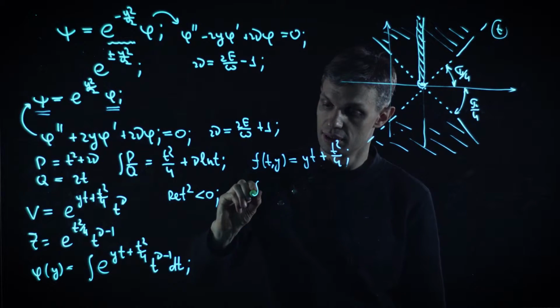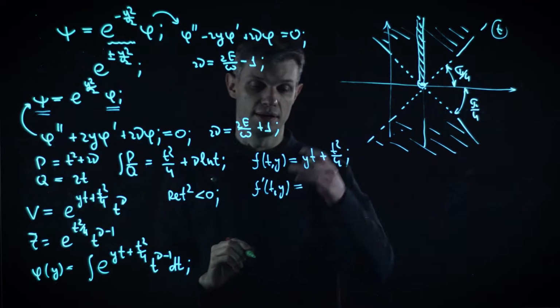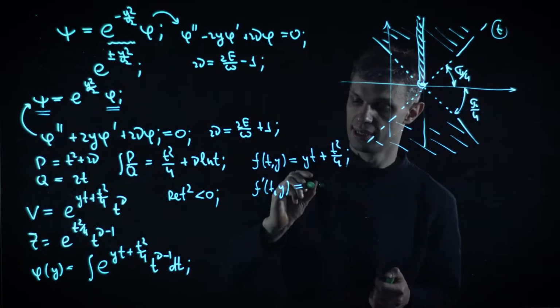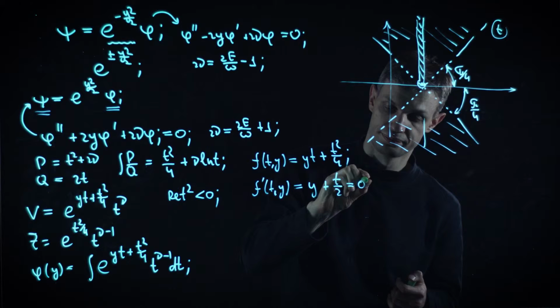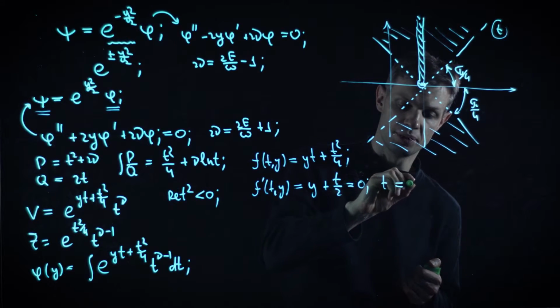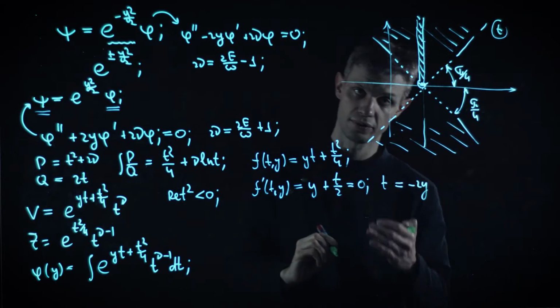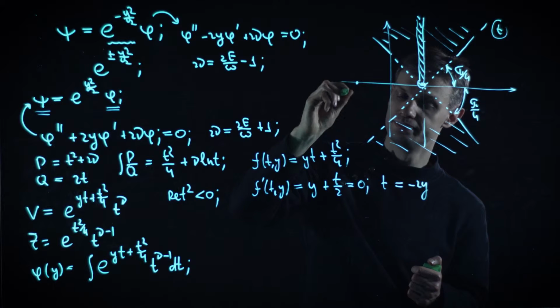Right, so let's figure out the possible position of the saddle points. Here is the saddle point equation, and the saddle is positioned at the point minus 2y. So for positive y, the saddle is somewhere here.